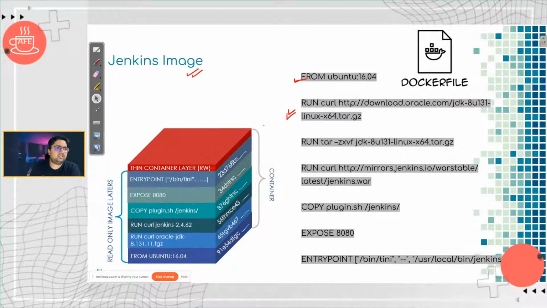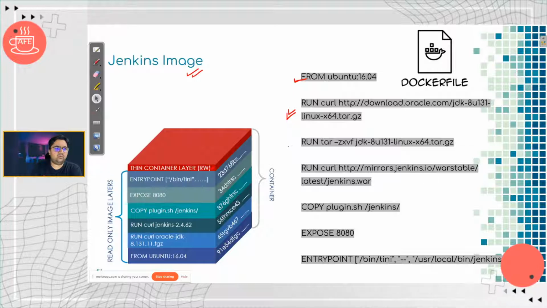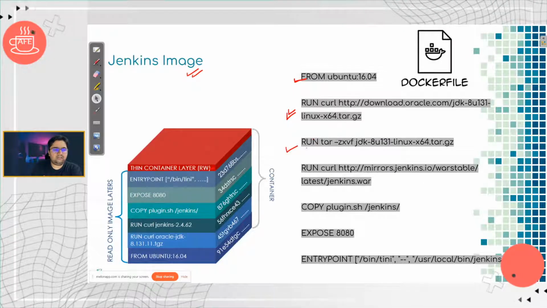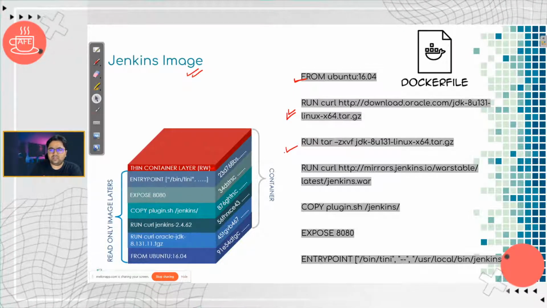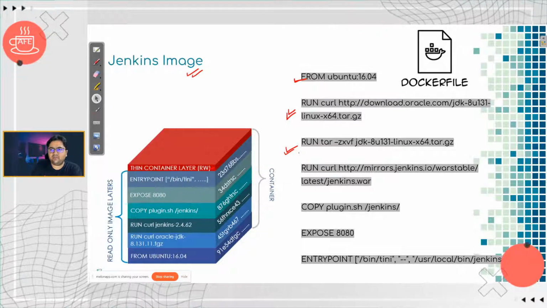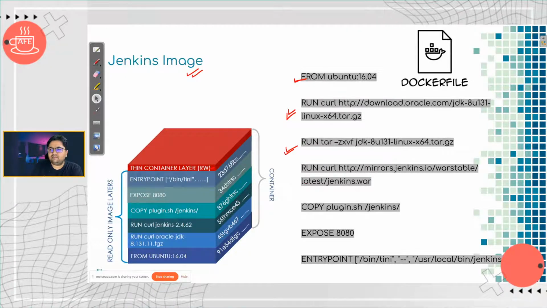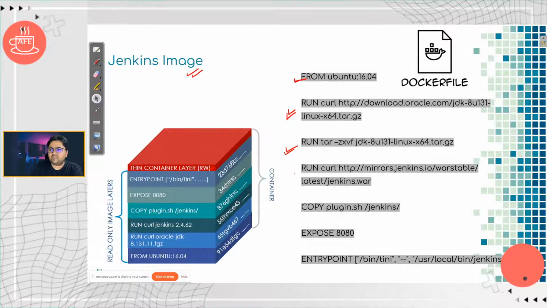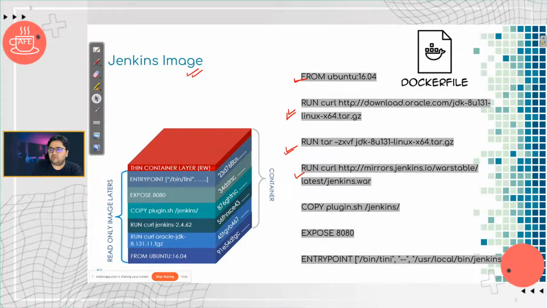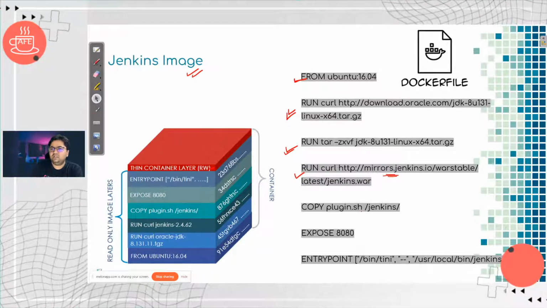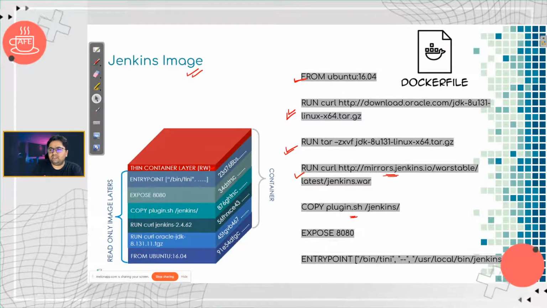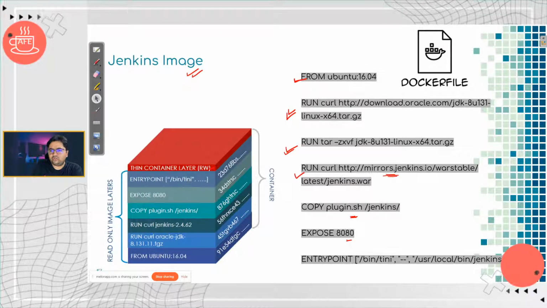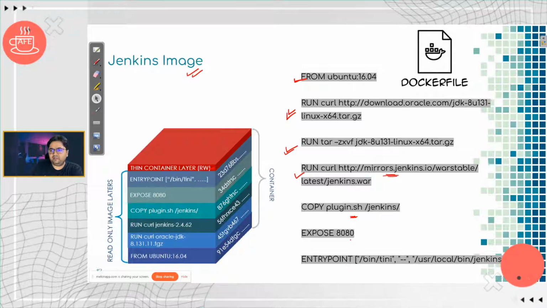Okay, I've downloaded something. Then I have called the tar file, I've just executed the tar file, just opened the file that I've downloaded. Then again, I've run curl for getting the war file for Jenkins actually. And then I've copied all of the things inside, and I've exposed a port and then defined the entry point.